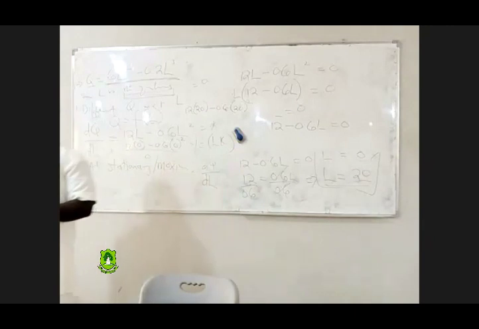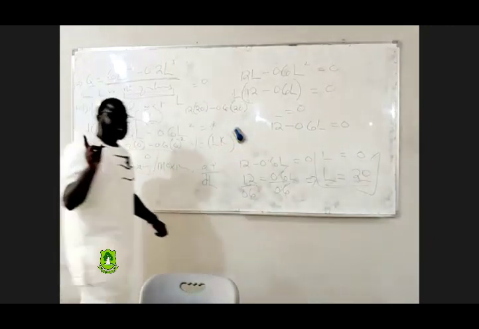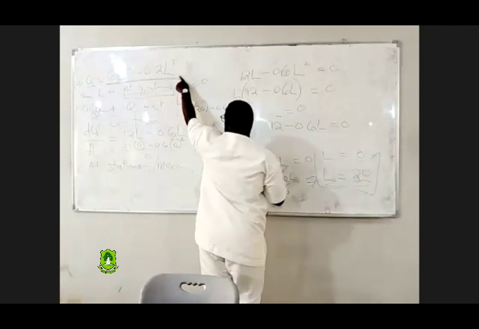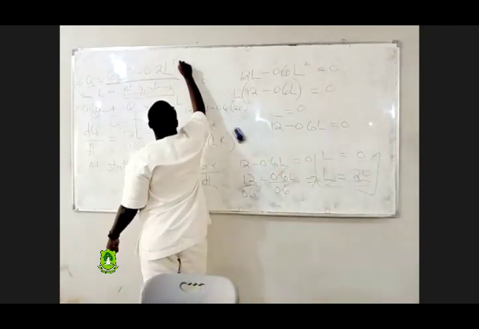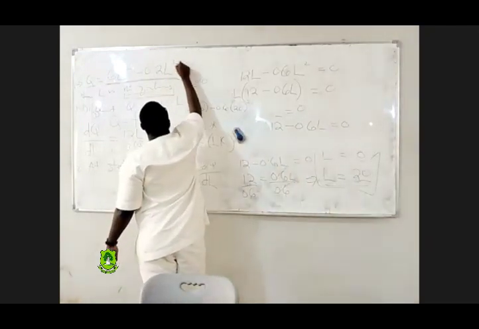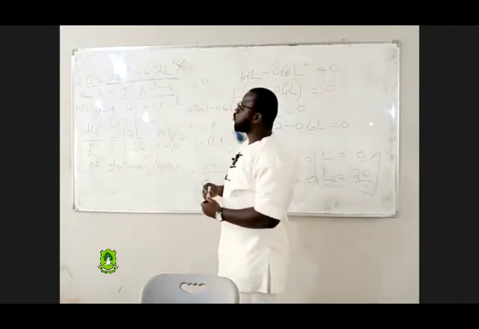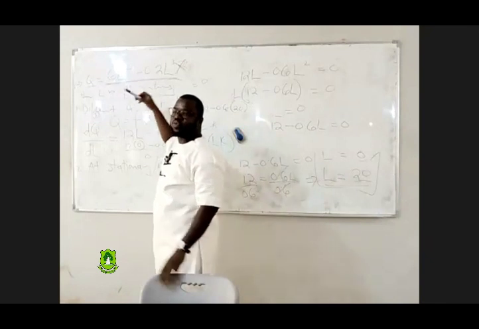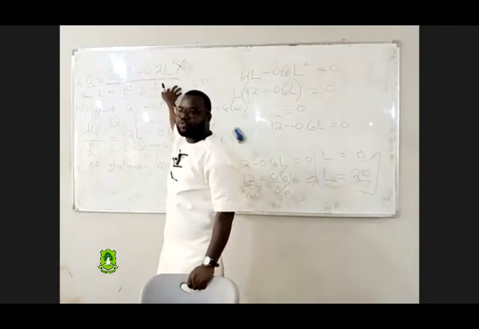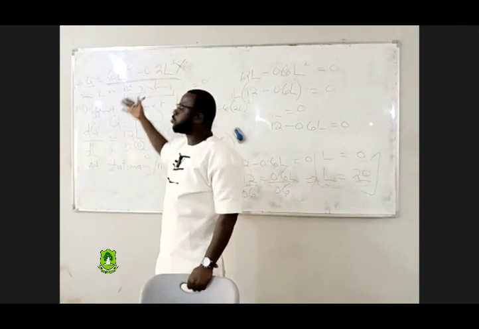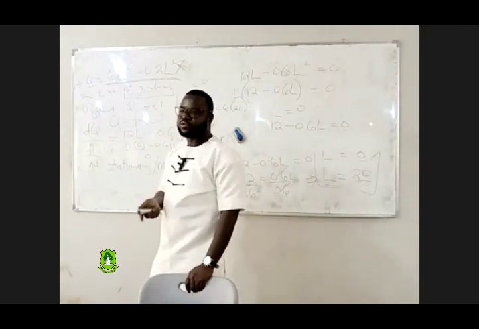If the firm doesn't produce, it means there is no output function. Are you getting it? If you are not producing, there is no output function. That output function displays how much labor you combine to produce a particular output. So if there is no output, there is no labor working for you.